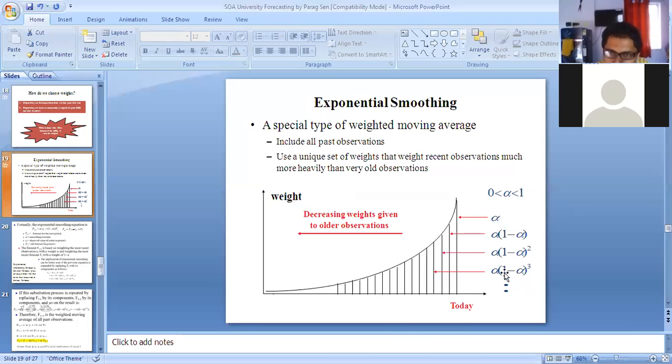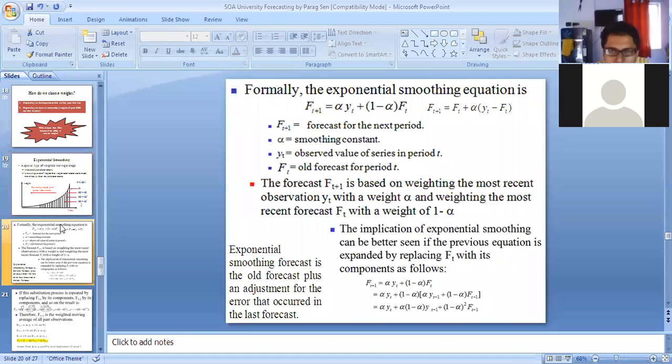Then the preceding data is given the weightage of alpha into 1 minus alpha cube. As you move towards the earlier data, continuously you are putting less weightage. So this is known as the exponential smoothing method.